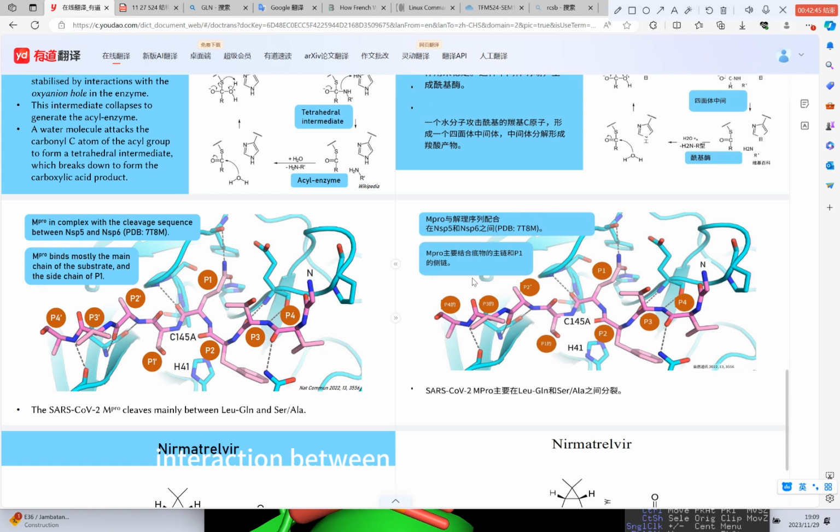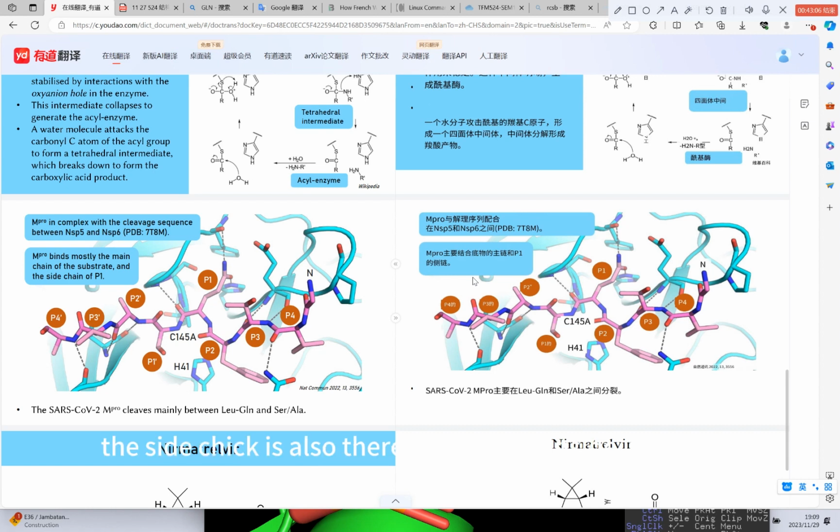Interaction between the enzyme and this chain, you can see it's basically the main chain. You can see only the main chain binds with the enzyme, except the P1. For P1, the side chain is also there.